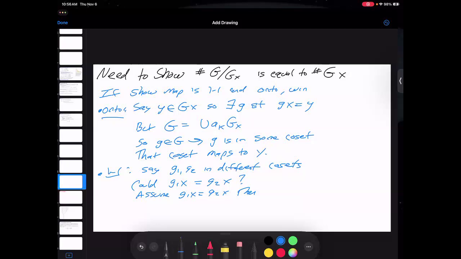We're assuming that G1 and G2 are in different cosets. I'm assuming that my function is not one-to-one, so I'm going to try to get a contradiction. This is a proof by contradiction. What do you think I'm going to try to contradict? They're in different cosets. So I want to show G1 and G2 are in the same coset. If G1x equals G2x, what can I do to both sides?